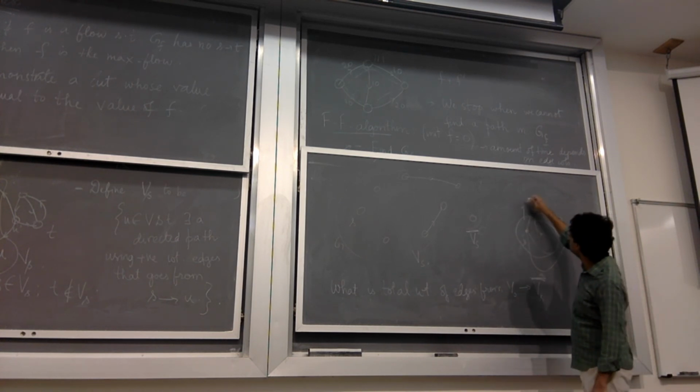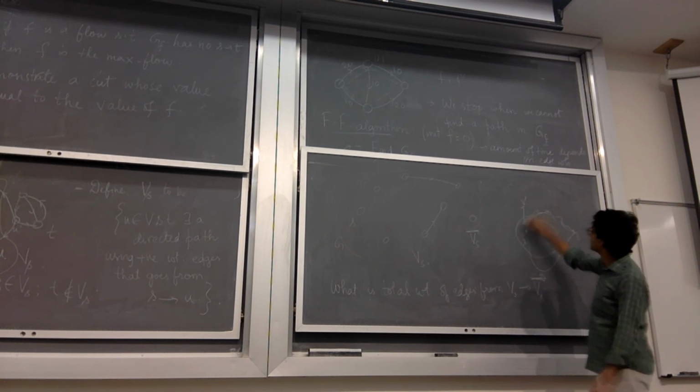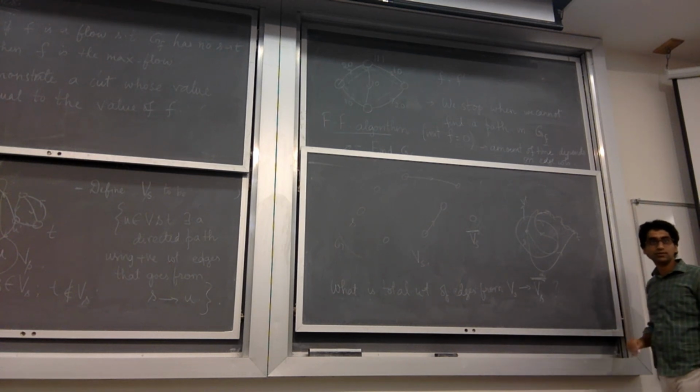I'm calling this vertex set just some V prime. So this is a bunch of vertices.